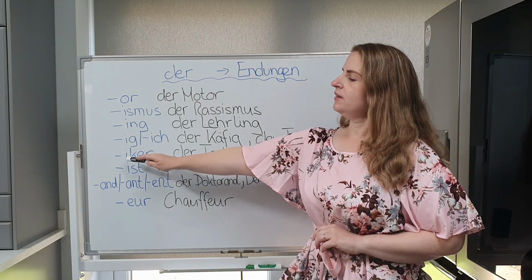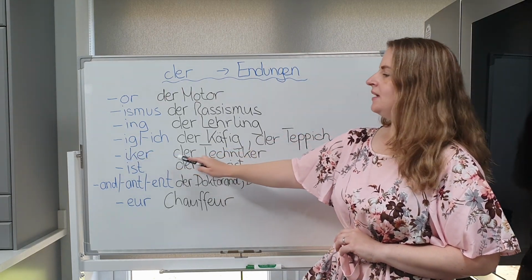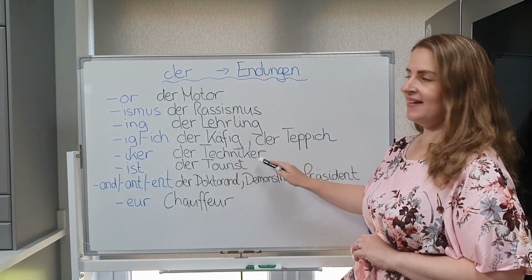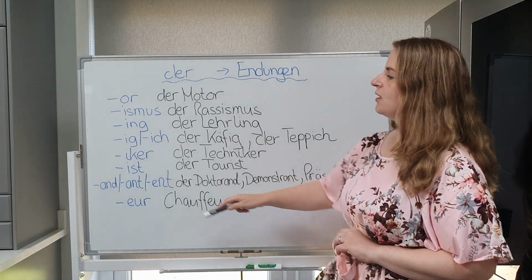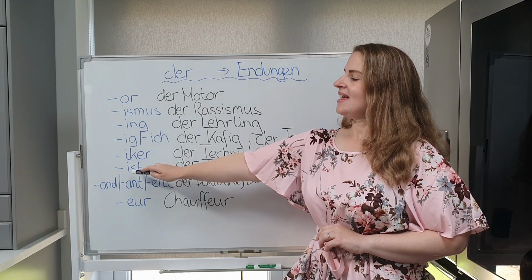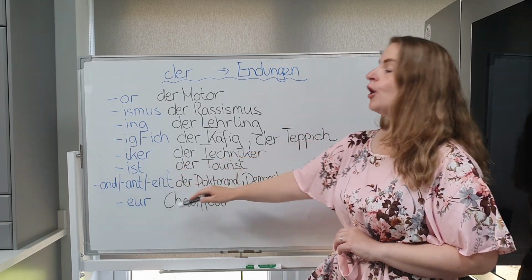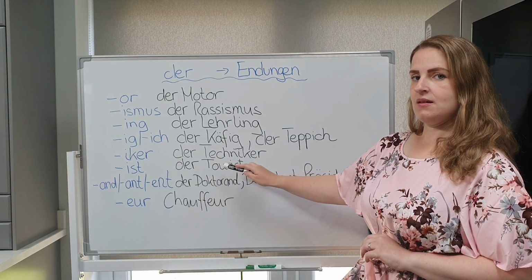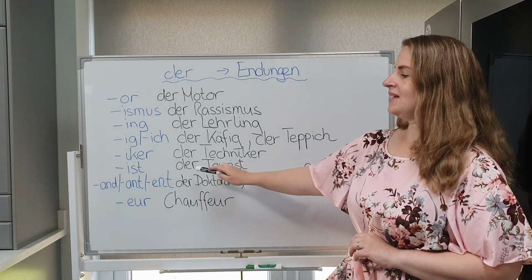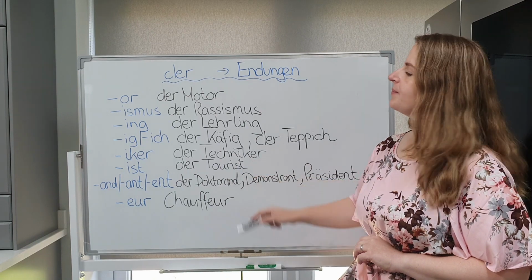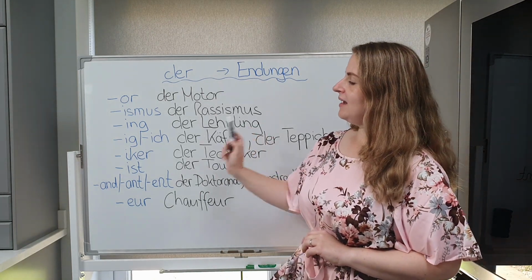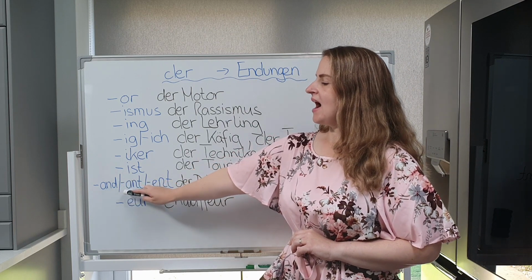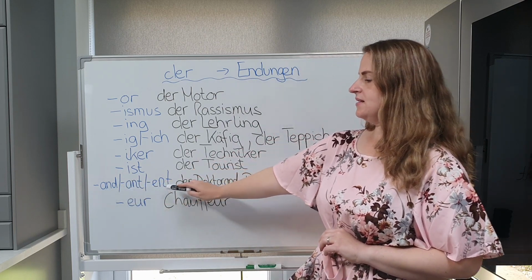Words ending with er. Der Techniker, the technician. Words ending with ist. For example, der Tourist, the tourist. Words ending with and, ant, ent.